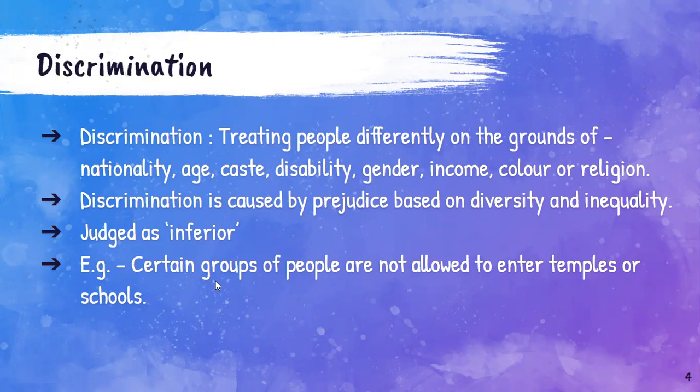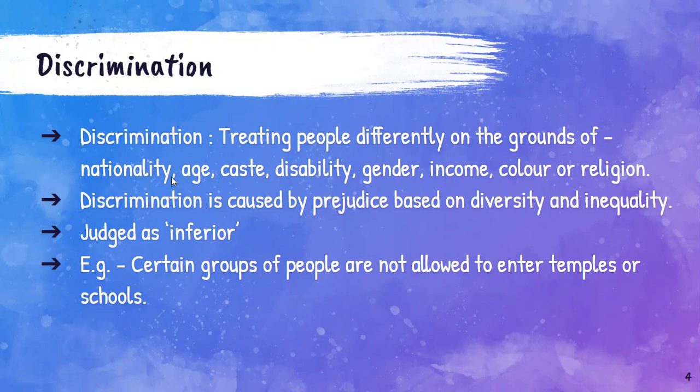So when people are treated differently on the grounds of nationality, for example, if we have someone who's not an Indian, and they are told, oh, sorry, you can't do this, this is only for Indians.